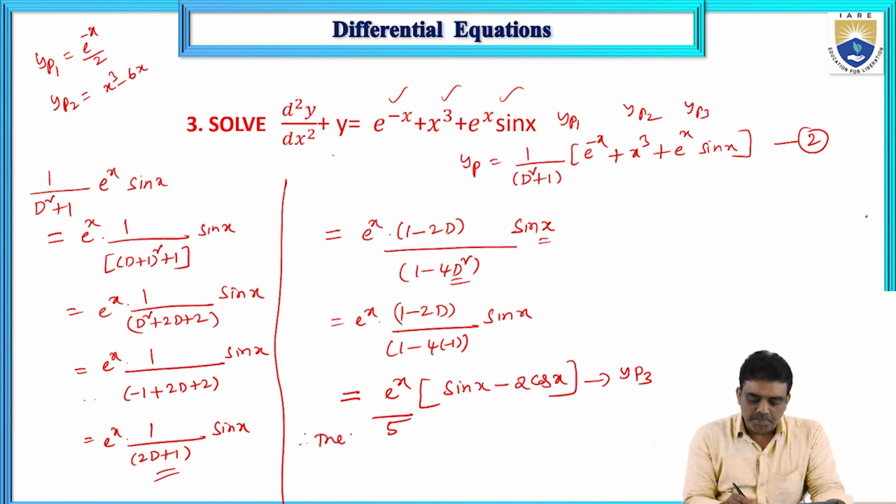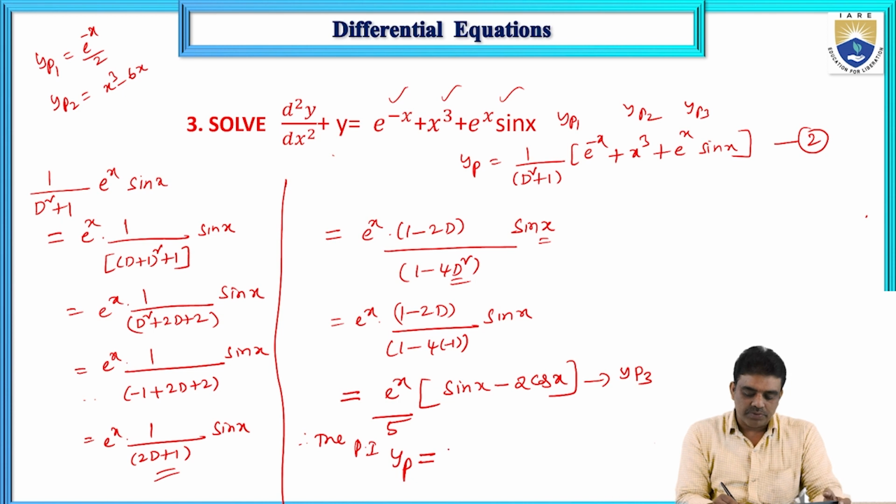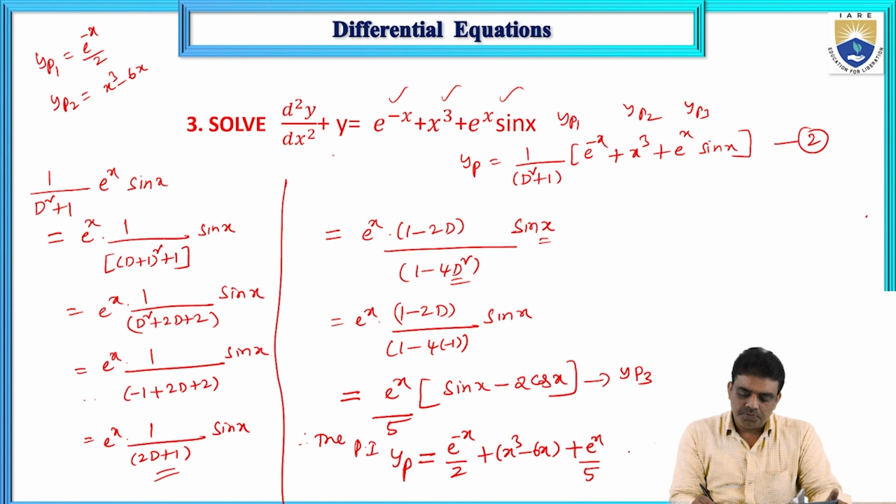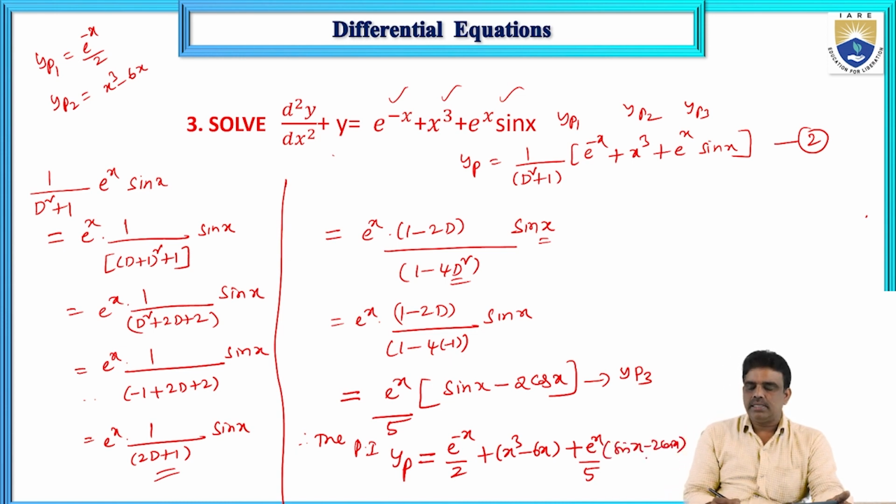Therefore, the complete particular integral, from equation number 2, yp is equal to: first one e power minus x by 2, second term x cube minus 6x, third term e power x by 5 of (sin x minus 2 cos x). So this is the particular integral yp.